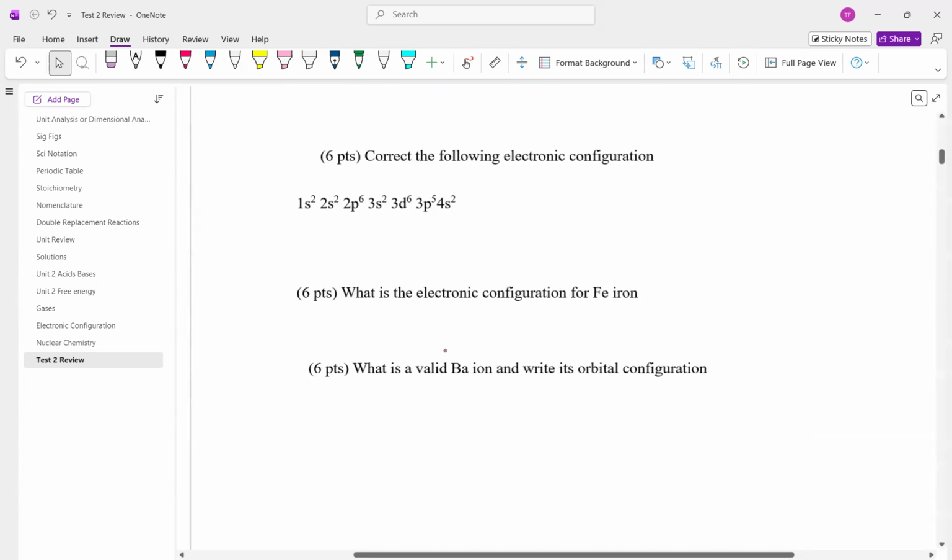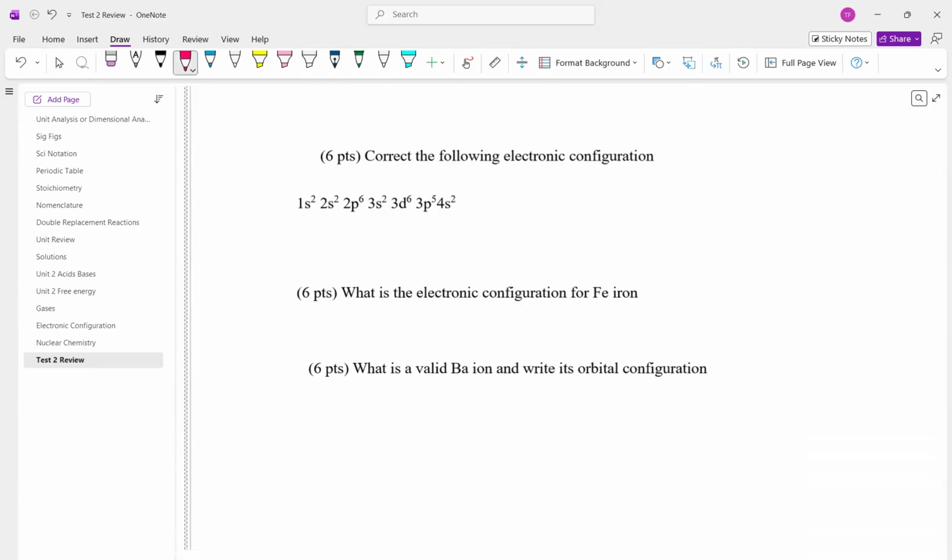All right, correct the following electronic configuration. Well, let's see here. We go 1s2 looks good, 2s2, 2p6, 3s2. This is wrong. And this should be 3p6, 4s2. Now you can add to that, but whatever you add, you end up needing it to be correct.